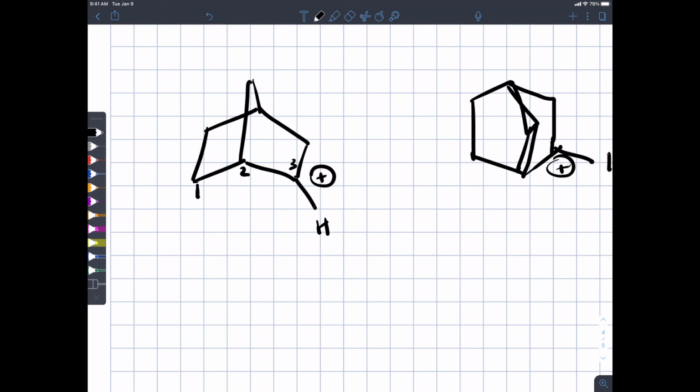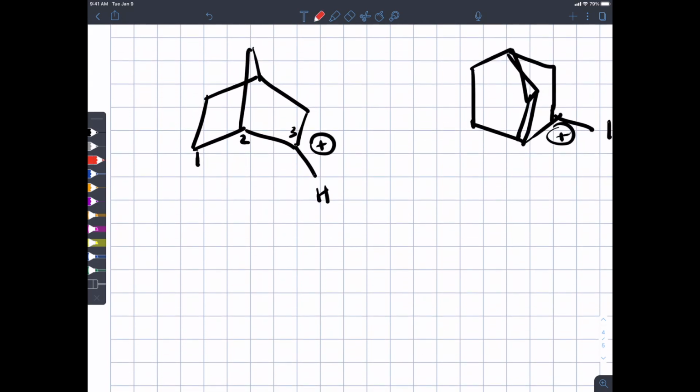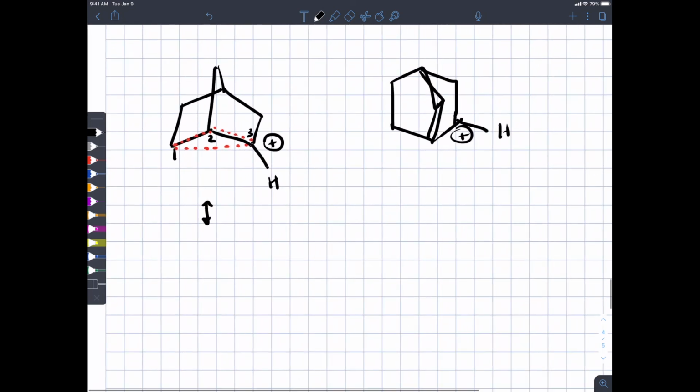And the rationale for this is that the real structure of this carbocation involves partial double bond character there, involves this sigma bond moving over. And so this is an example of a non-classical carbocation. We could draw resonance structures in which carbon 1 was bonded to carbon 3.